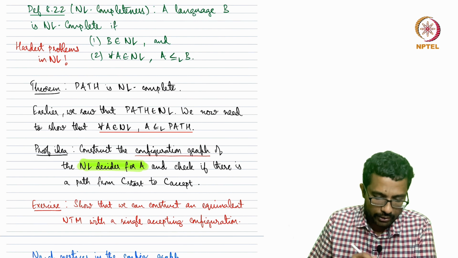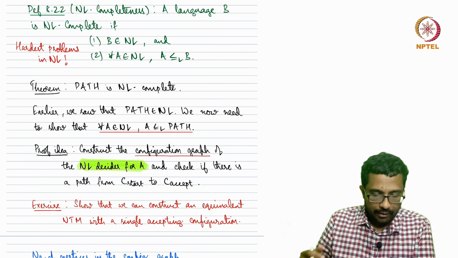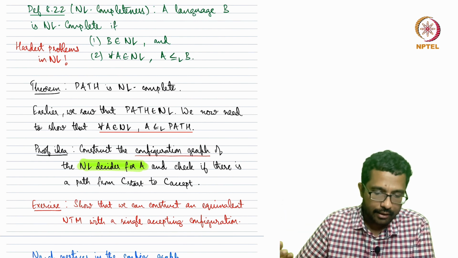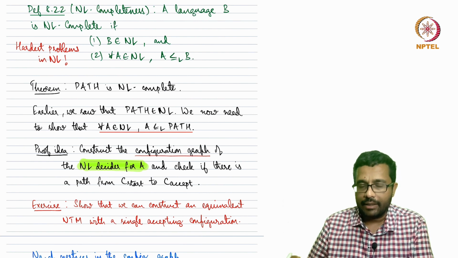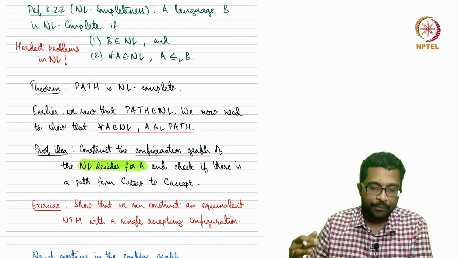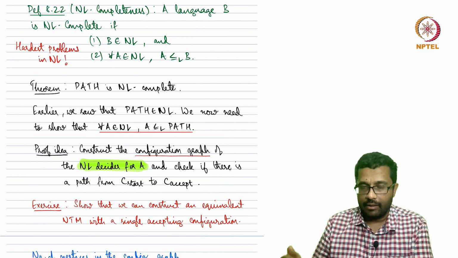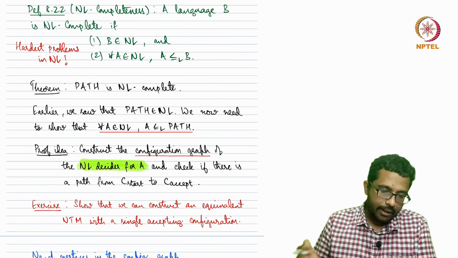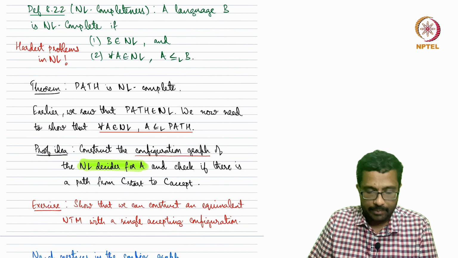By the construction of the configuration graph, if w is in A, then the reduced instance, the configuration graph, the start configuration, and accept configuration, is a yes instance of path if and only if the string is in A, right? Now what we have to ensure is that the reduction is in logarithmic space.